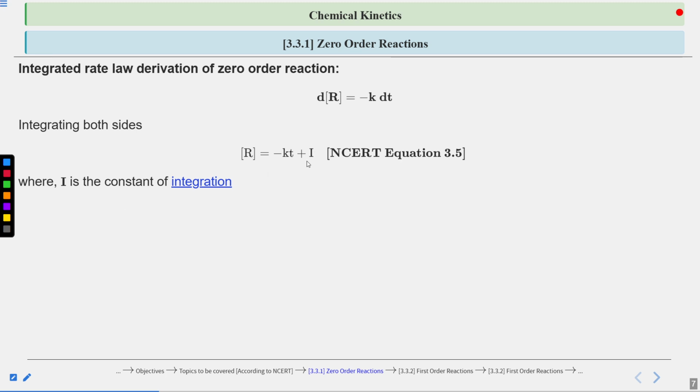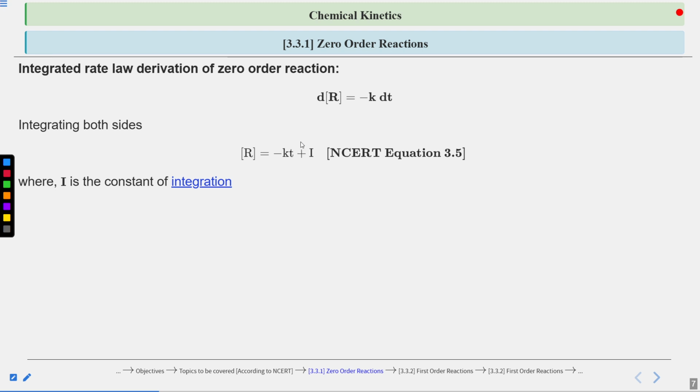Now I holds an integer value which can be anything. So we are adding I just so we don't miss any other value that we might get after the integration, because everything here is a variable, not a particular quantity or a particular number. So we are just adding I in case we are missing anything after the addition of everything.